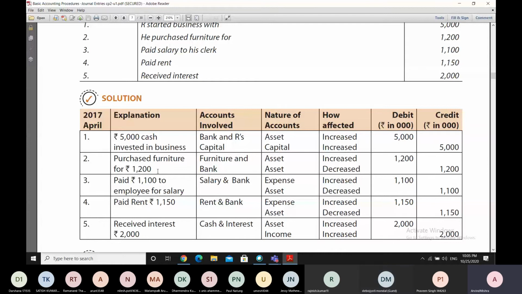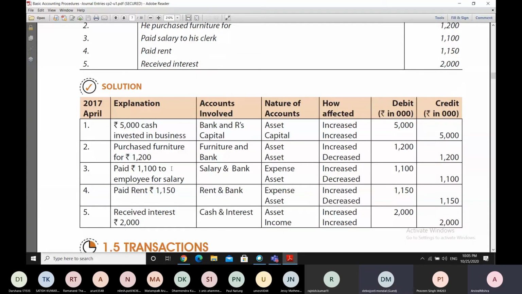It would be more appropriate if the question is framed properly, because there is no such assumption available in accounting that if nothing is mentioned, then you should assume that it is bank. There is no such rule in accounting. So we can take either assumption, cash or bank, if it is an essay type question.